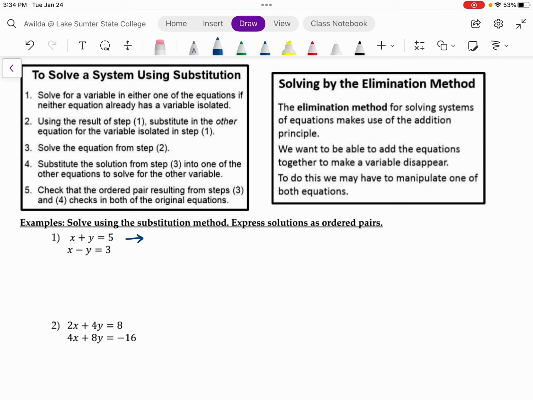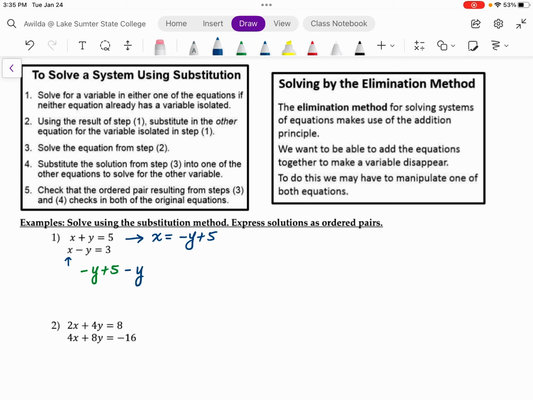So I'm going to subtract y from both sides. Now, in the unused equation, which in this case is the second equation, instead of x, I'm going to write what x is equal to, which is negative y plus 5.